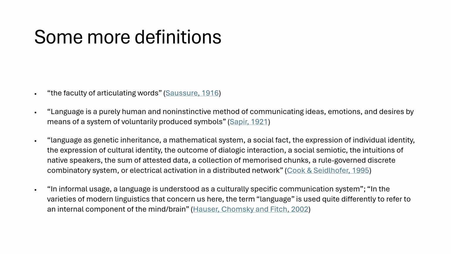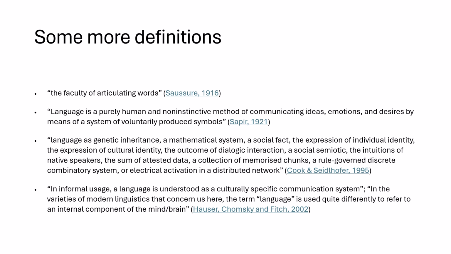So let's go on. Let's look at Cook and Said 1995. It said that language is genetic inheritance. Of course, again, telling you that it's a human thing, a mathematical system, again system, a social fact, the expression of individual identity. Again, you see identity, which is embedded in culture, and you see expression, which is about production. The expression of cultural identity.